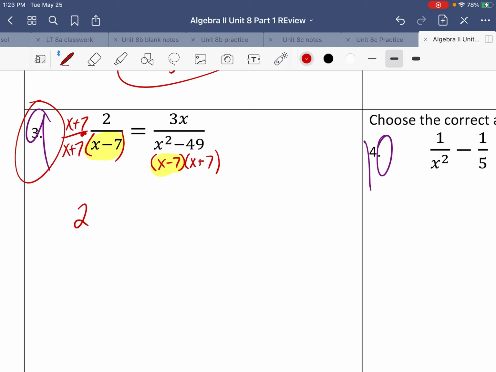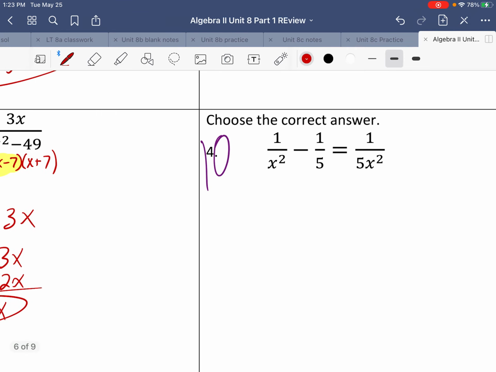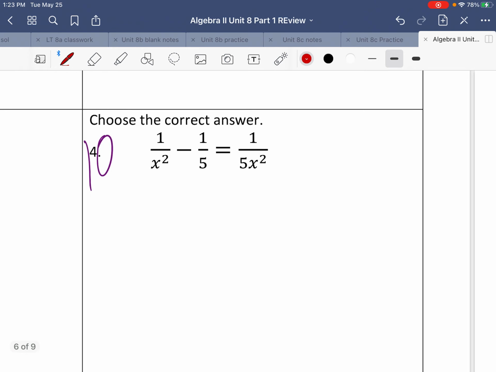Multiply the numerator and denominator by that. Drop the denominators. Oh, we don't have to multiply anything on the last one. That was wonderful. Distribute the 2. And we get x equals 14.